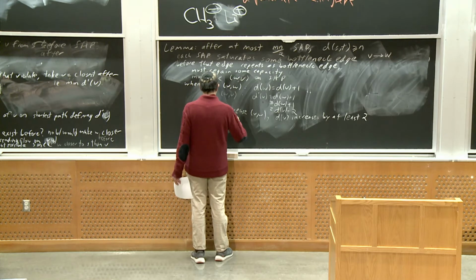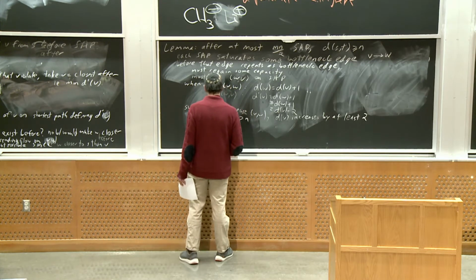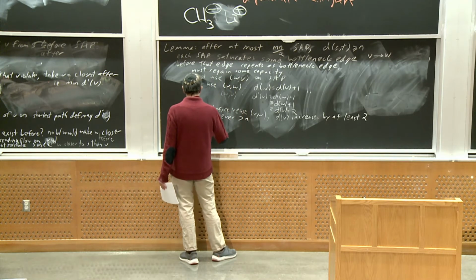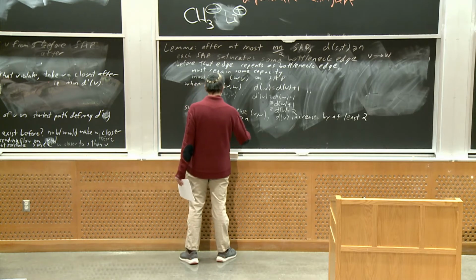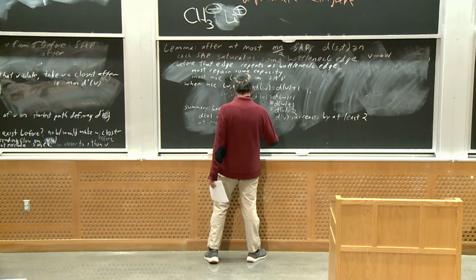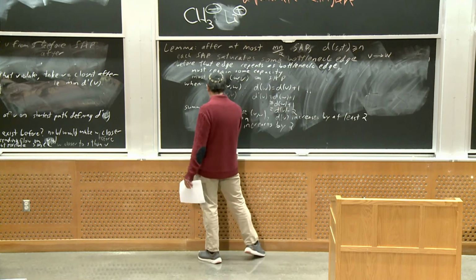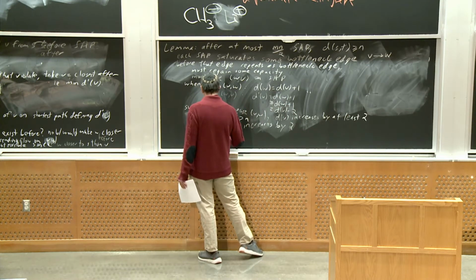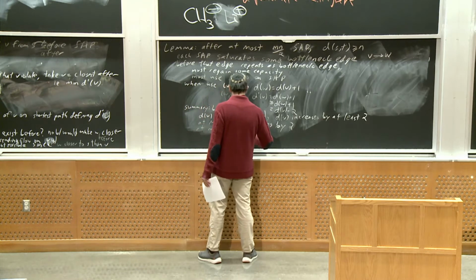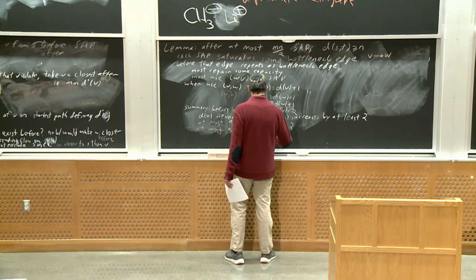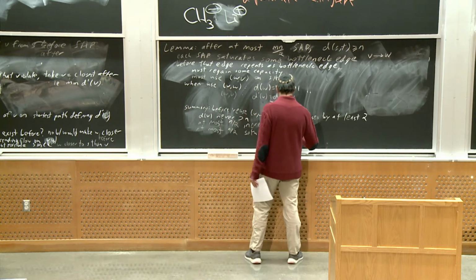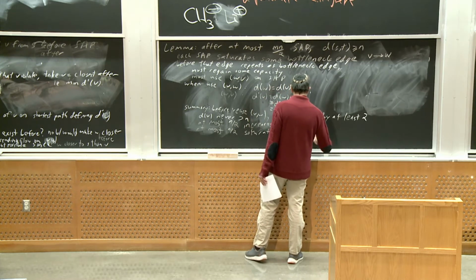D of V is never more than N. And that means that there are at most N over 2 increases by 2, which means that there are at most N over 2 saturations of edge VW.